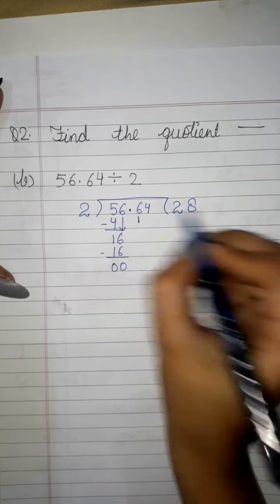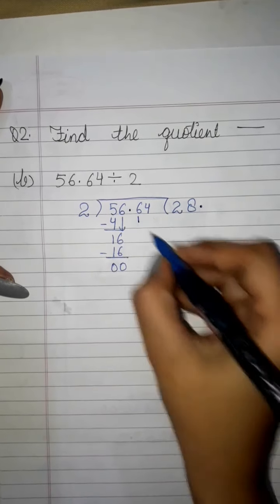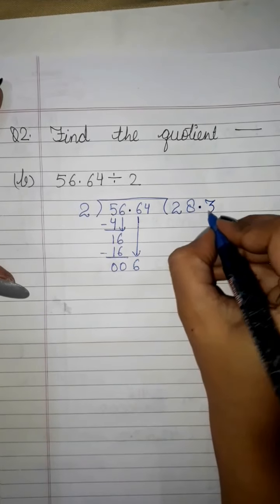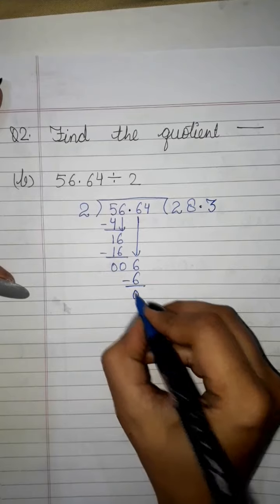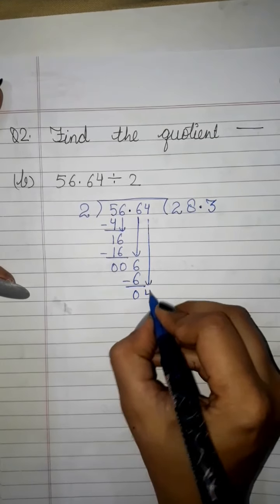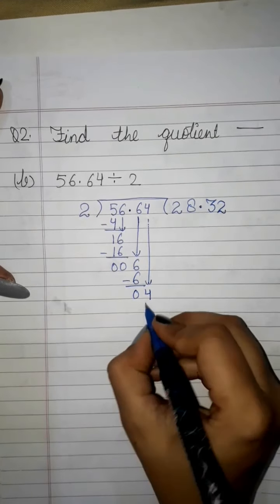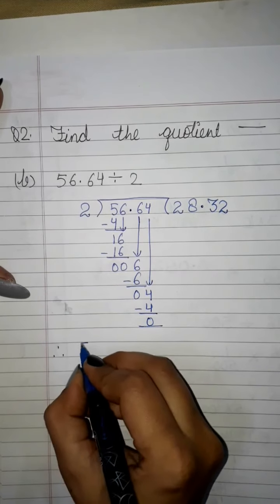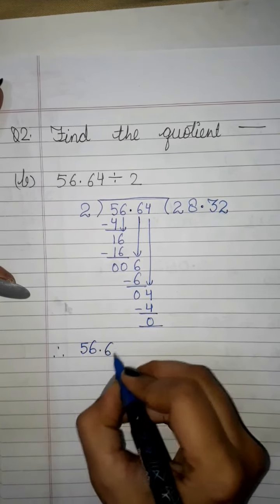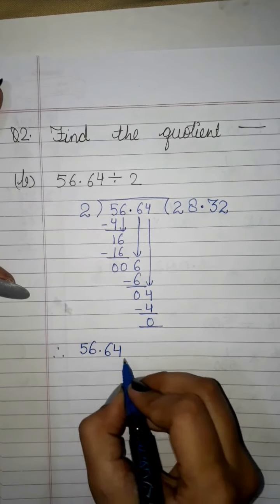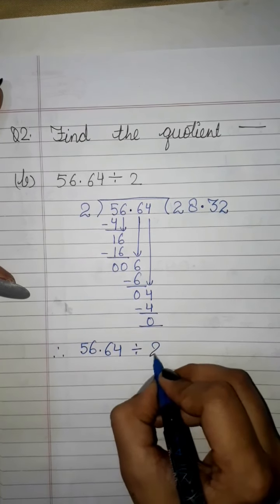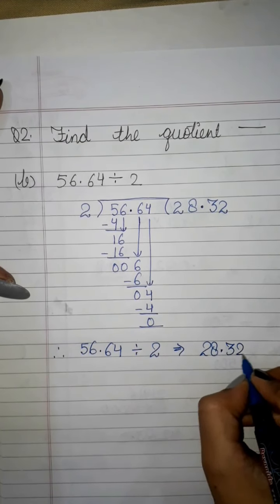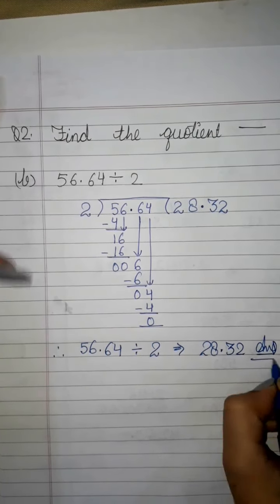Now this decimal we will place it over here. Now copy this next number 6. It will be 3s are 6. Now 4. 2s are 4. So you can write therefore 56.64 divided by 2, the answer is 28.32. This is the answer.